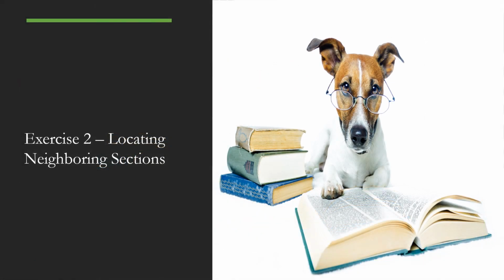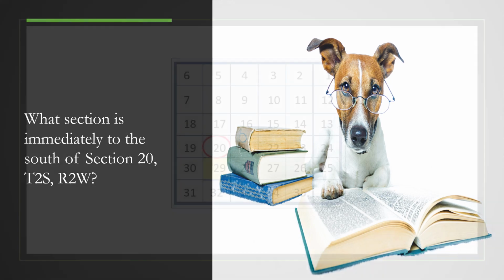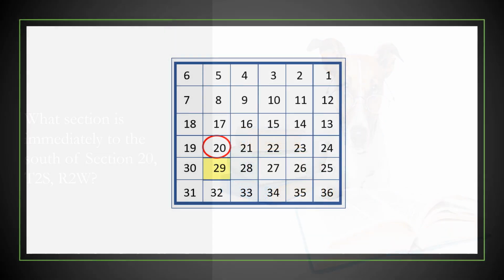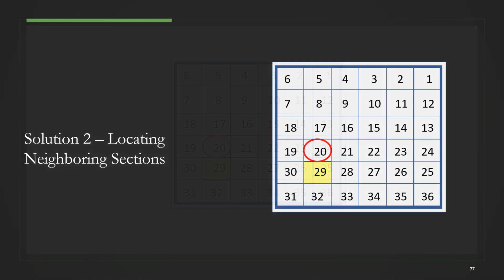Exercise 2, locating neighboring sections. What section is immediately to the south of section 20 in T2S R2W? Solution 2, locating neighboring sections.